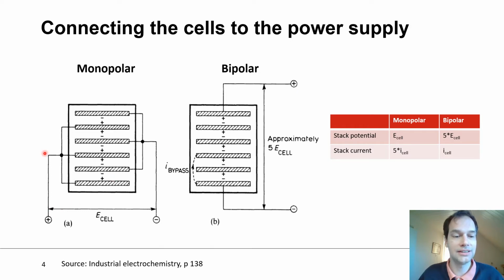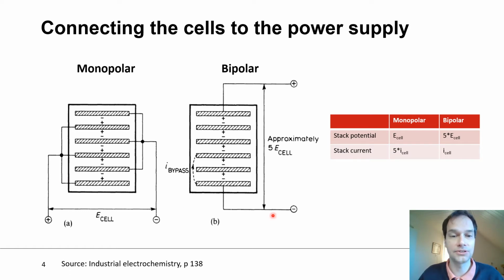Now the other question is, what is the current? The current in the monopolar system is higher than just the current of a single cell, because current needs to flow through every cell. So the current in this system is actually 5 times higher than for a single cell.